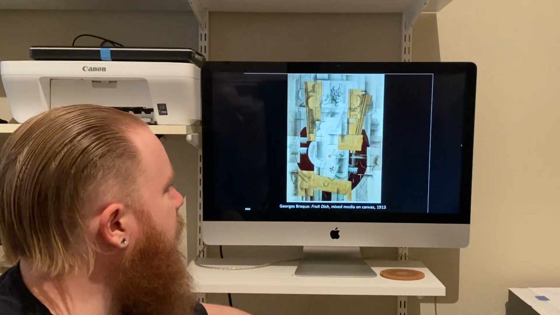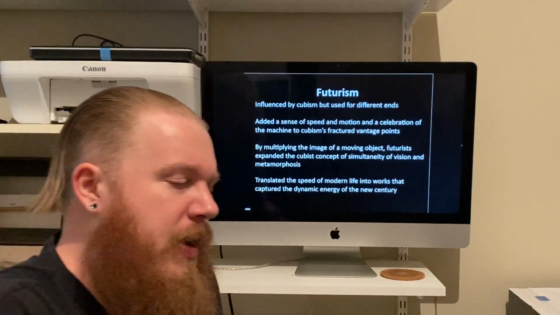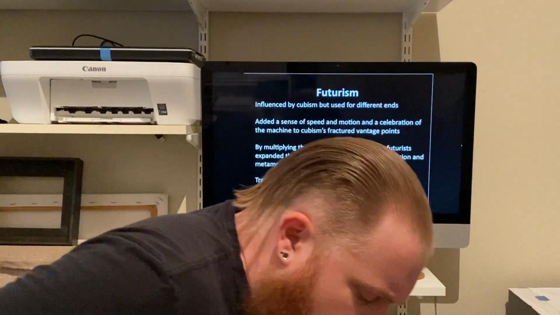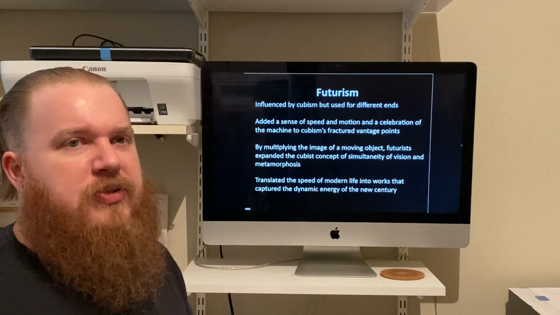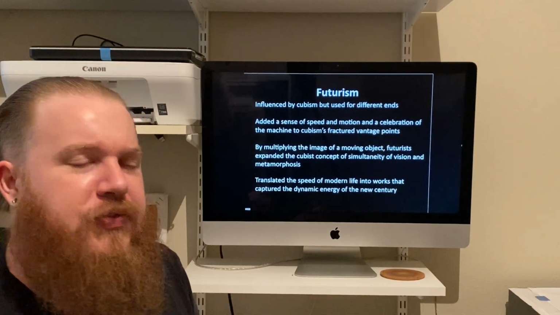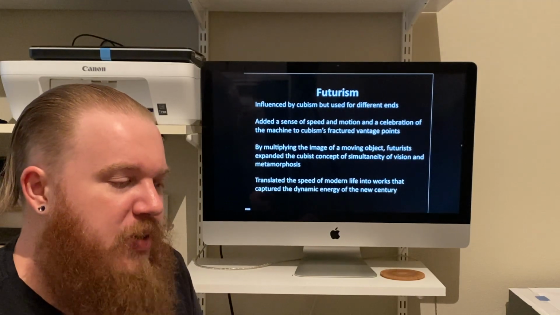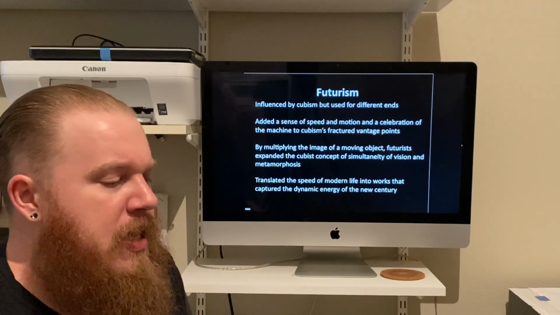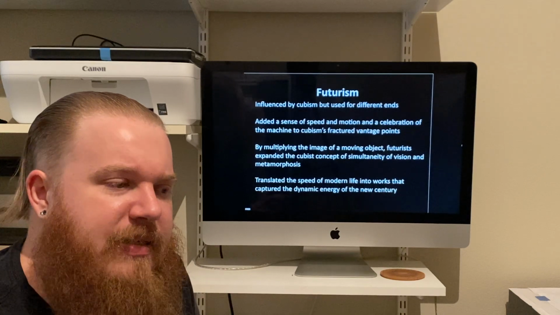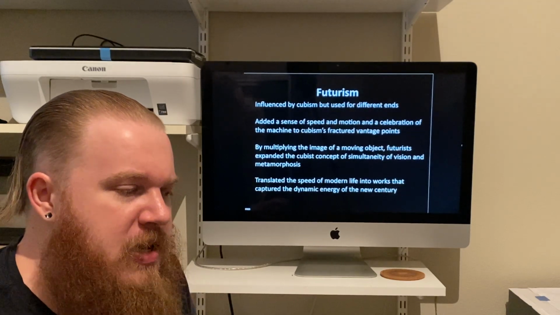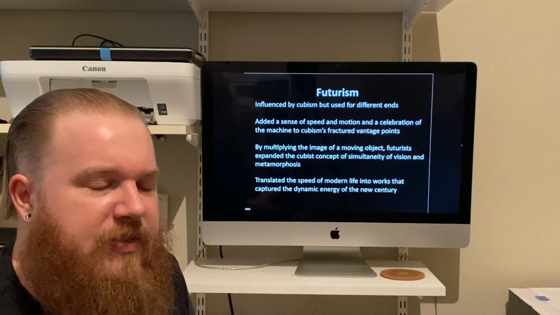Now, out of this, we also have a style that begins to embrace cubism in different ways, and that is futurism. Futurism is influenced by Cubism, but used for different ends, okay? So it has a lot of the same ideas, a lot of the same attributes, but we're going to try to do them in a different way.